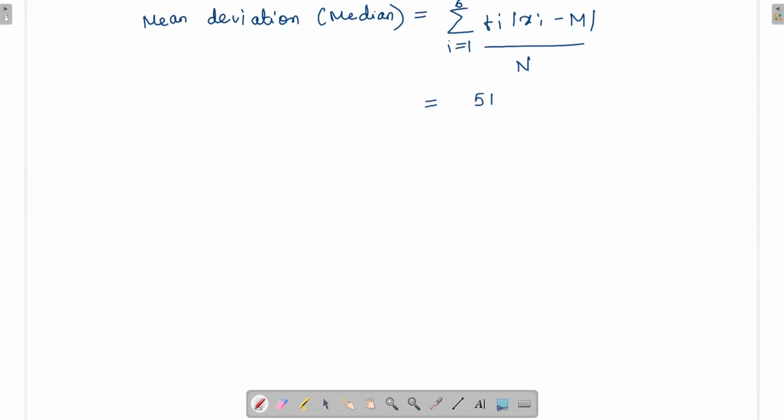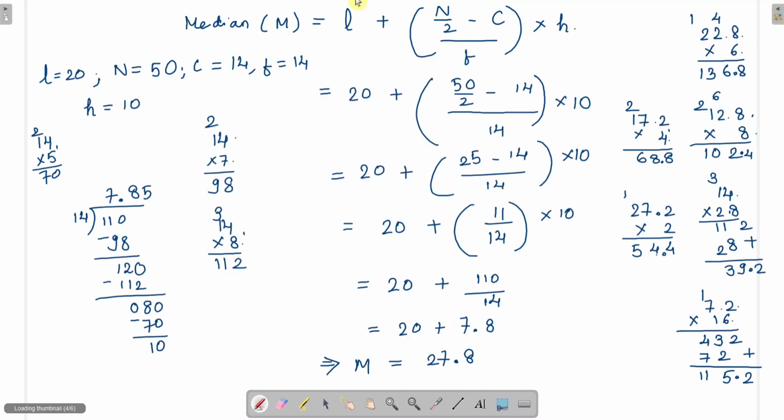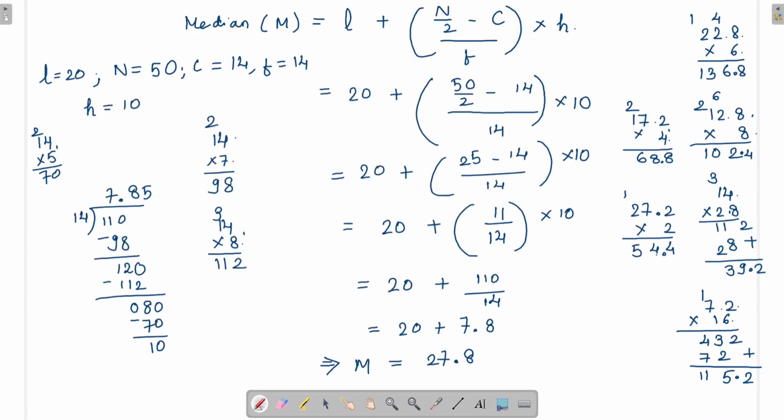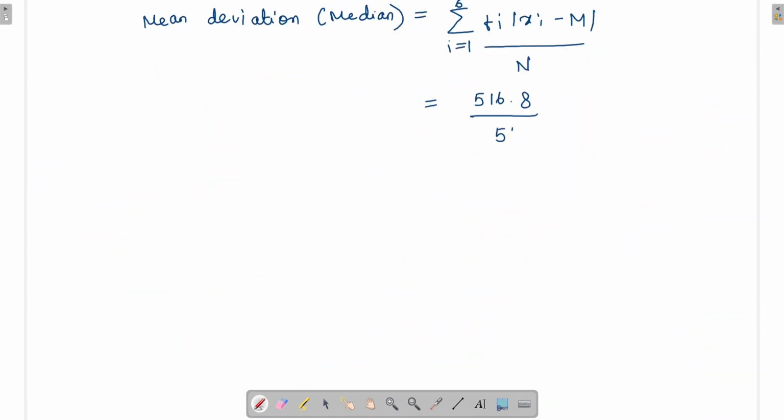So 516.8 divided by N, N is 50. So this will be nothing but 51.68 divided by 5. So one decimal point we have to take behind, okay, because of this 0.